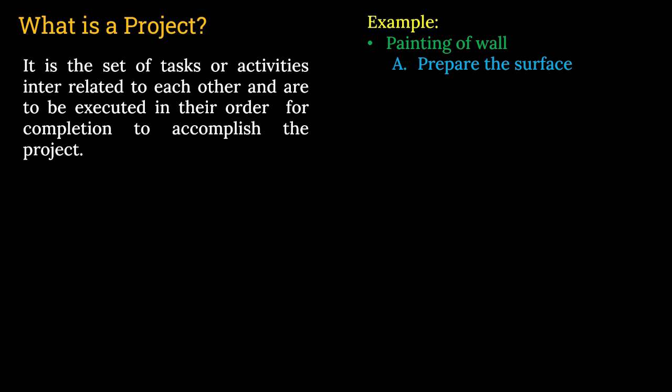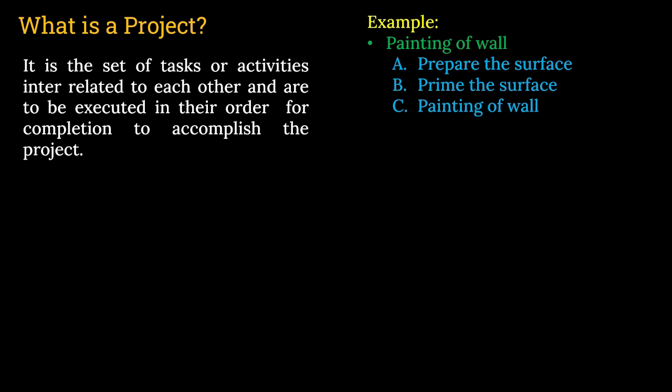Once the surface is ready, then the second task is to apply the primer on the surface, or we call it prime the surface. Then task C will come, painting of the wall finally. So to complete the painting of a particular wall, we need to do three things: preparing the surface, applying primer on the surface, and finally painting the wall.